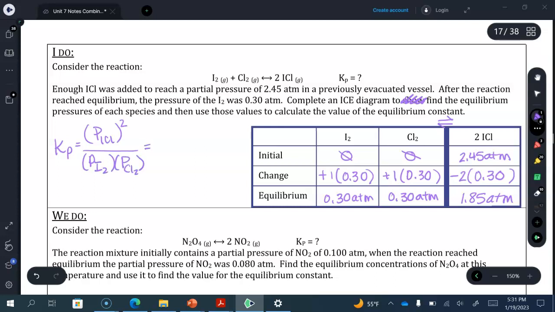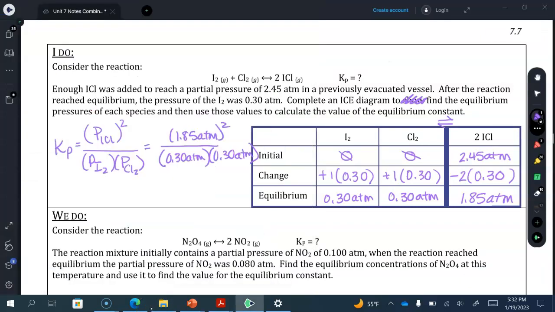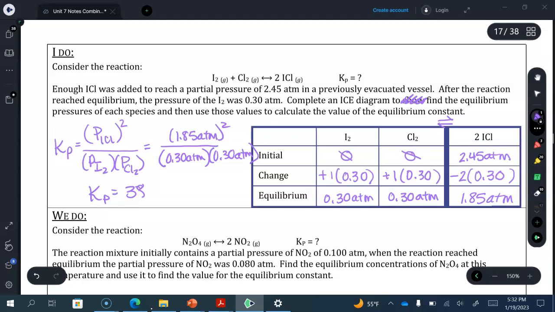Now I can substitute in my equilibrium pressures: 1.85 atmospheres squared over 0.30 atm times 0.30 atm. When I plug these values into my calculator, I get Kp equal to 38 because of sig figs. And that is my answer for the I do.